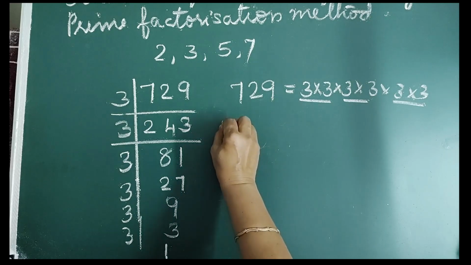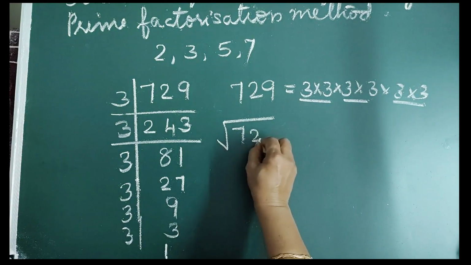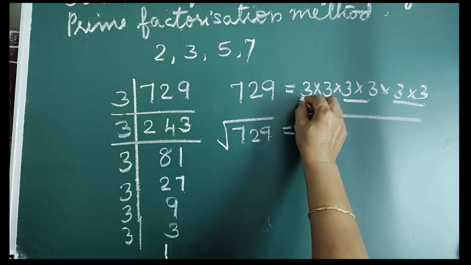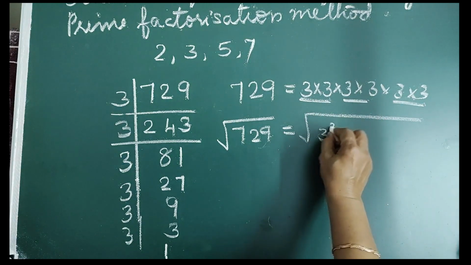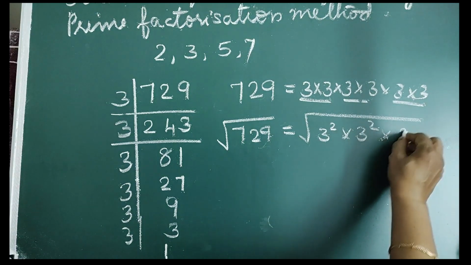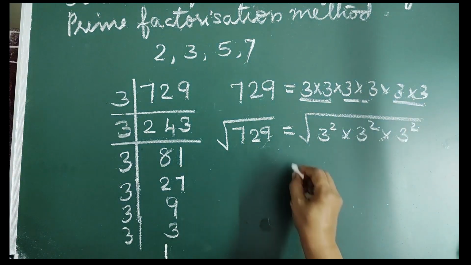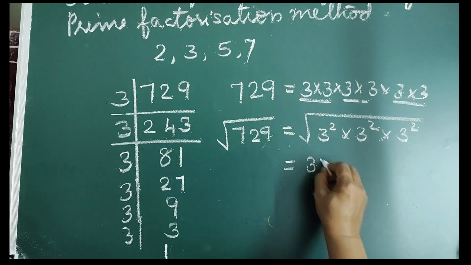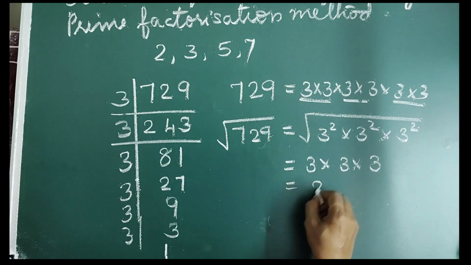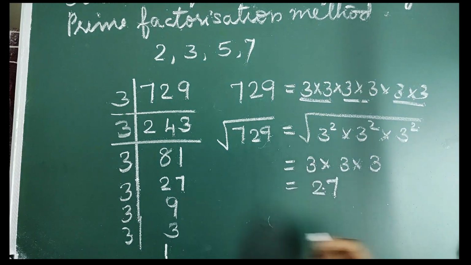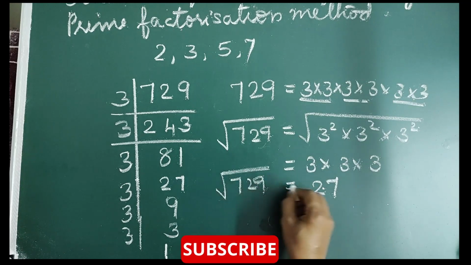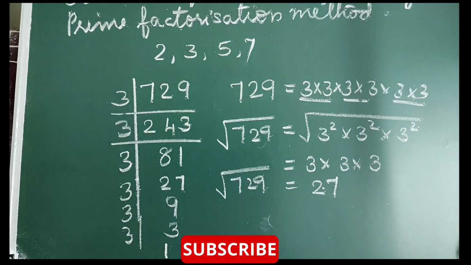Now the square root of 729 equals under root first pair 3 square into second pair 3 square into third pair 3 square. That's equal to 3 into 3 into 3, that's equal to 27. So, square root of 729 is 27.